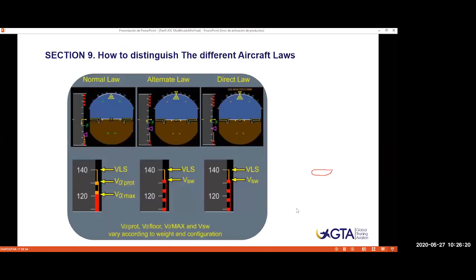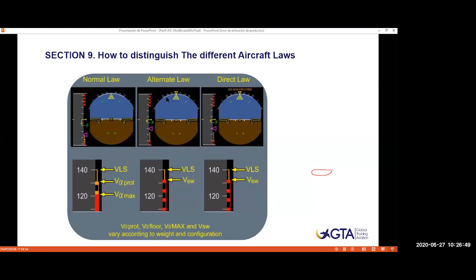Okay, how can we distinguish which law we are in? This is normal law, this is my PFD, and in this PFD we will see these green dashes, which are my limitation of bank angle, my limitation of pitch down, and my limitation of pitch up on normal law.